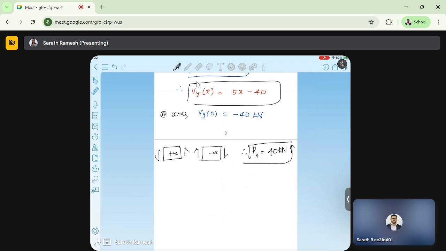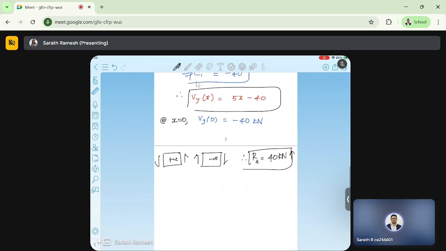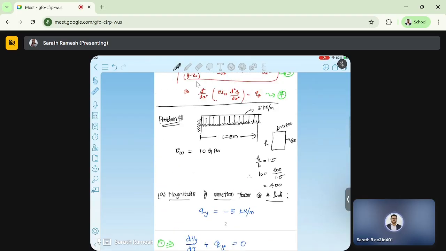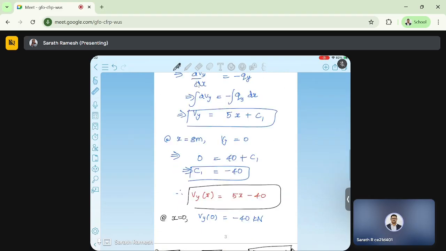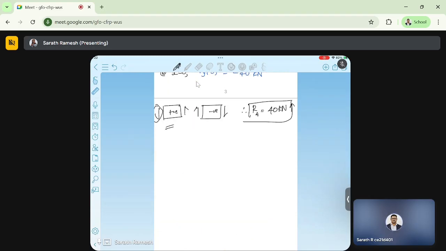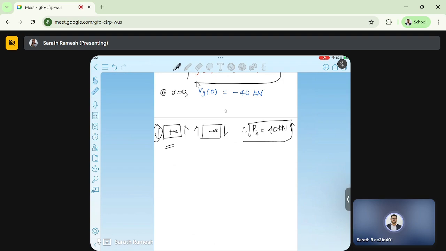Suppose I got a positive shear force here, I would have considered this, and since I'm looking at the left side support, it would be downward. And suppose I'm looking at the right side support, by the way, here there is nothing like that. Suppose I'm looking at RB, then if my shear force is negative, I would have considered the downward direction, because my shear is negative.